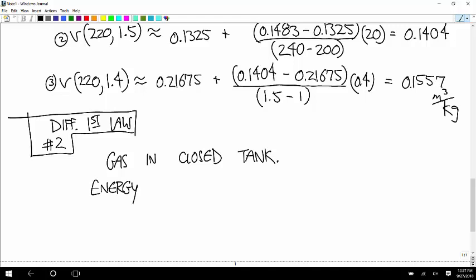So energy goes to the gas at a constant rate of 1 kilowatt. This is electrical energy.